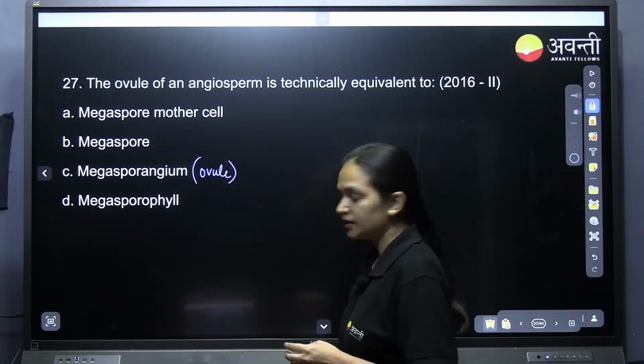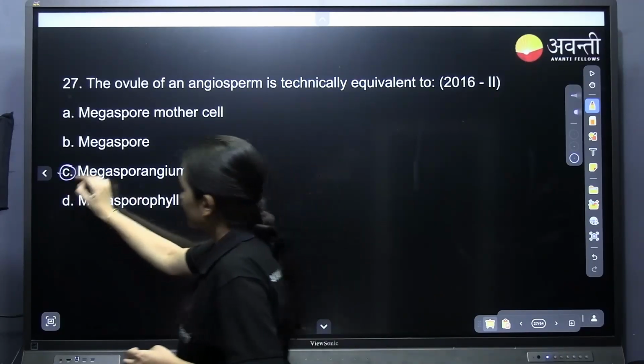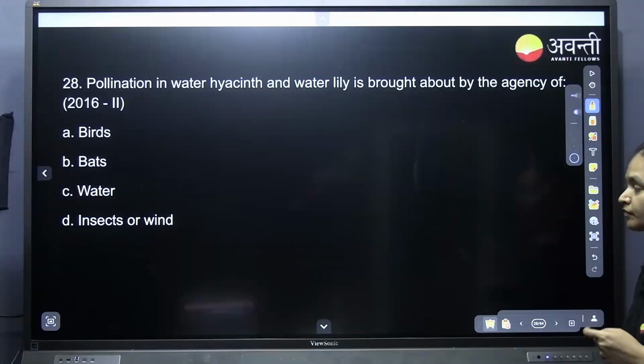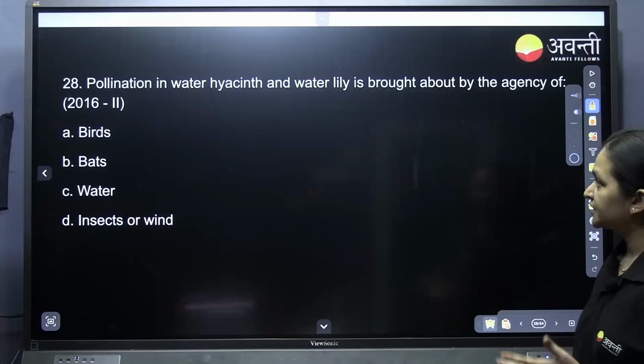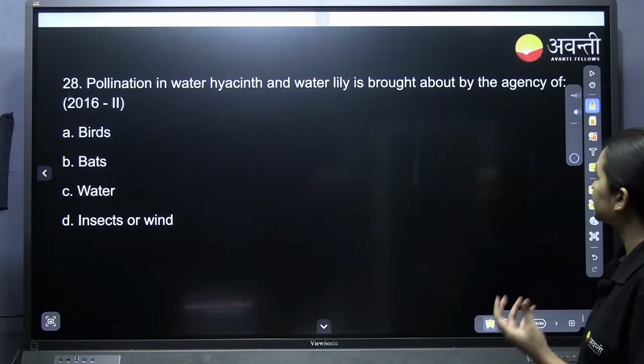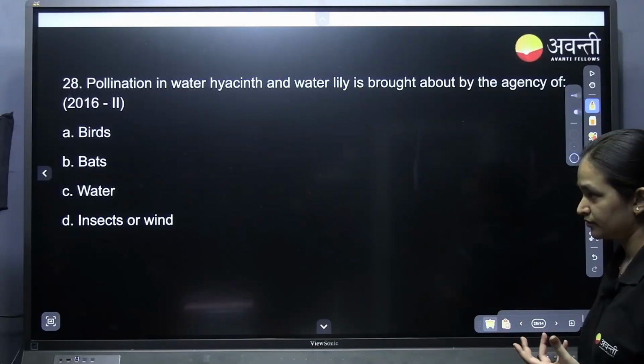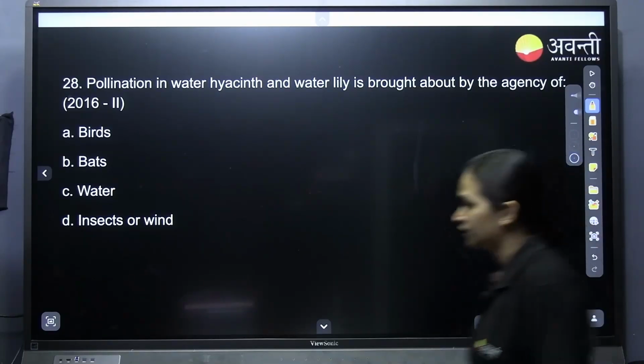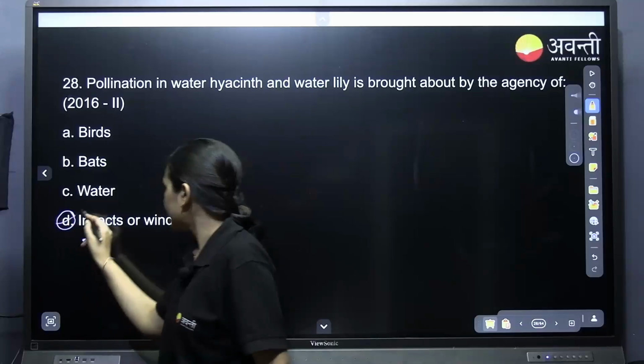So these are equivalent. Such small details matter. Pollination in water hyacinth and water lily is brought about by the agency of, again this is the second time we are solving this question, easy, insects and wind.